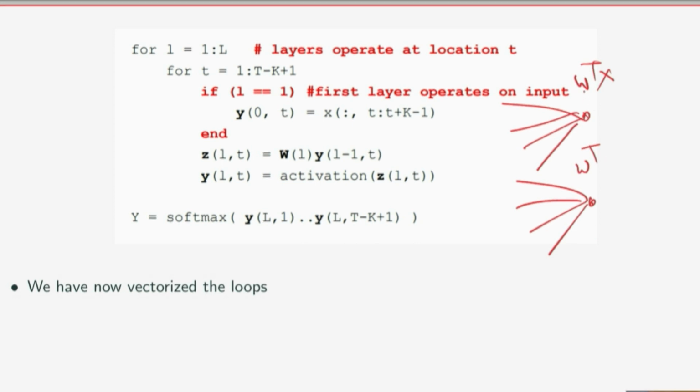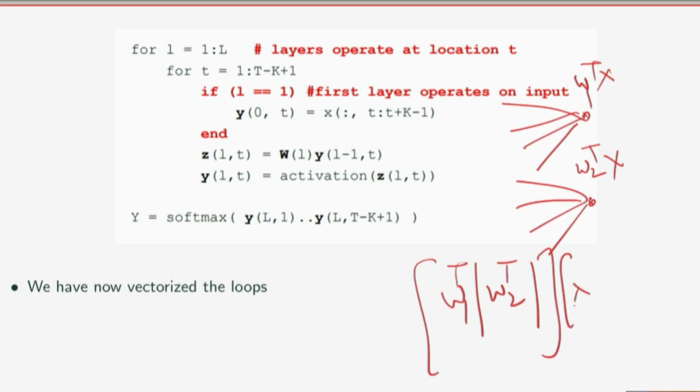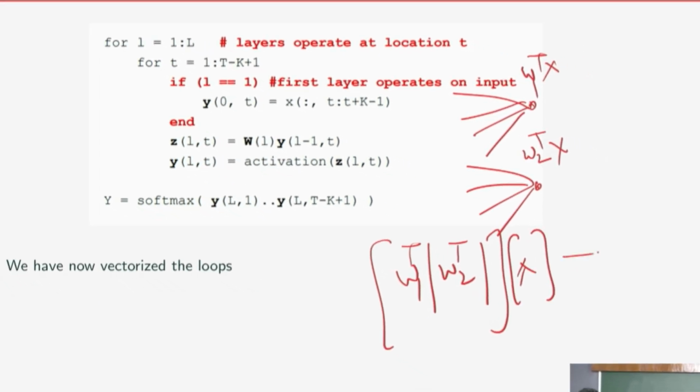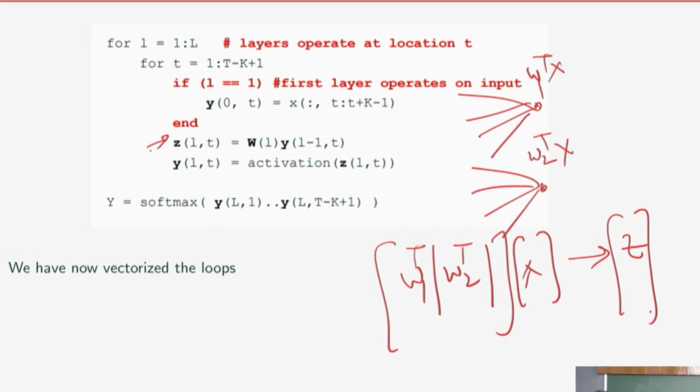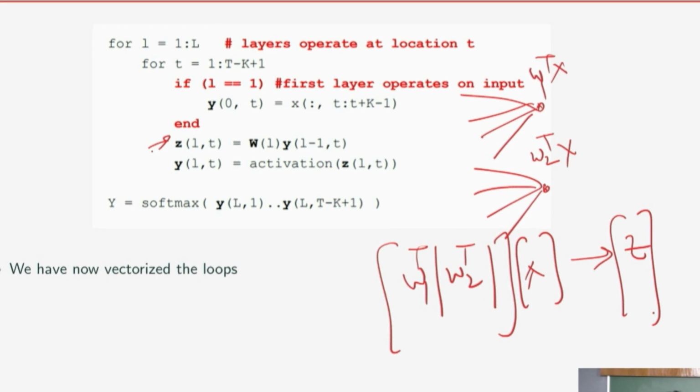Let us say this was W1 and this is W2, acting on the same x. So why not stack them, W1 stacked with W2, transposed and stacked, working on the same x, and this produces the Z, which is indicated as a bold Z, a vector.